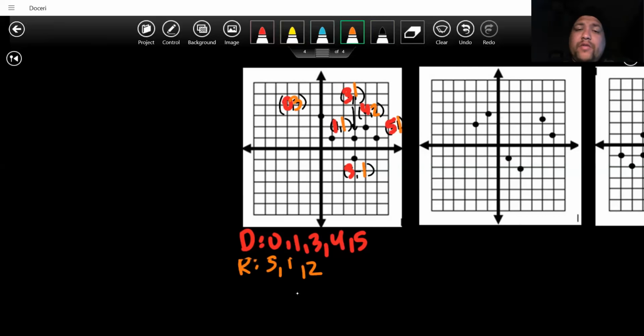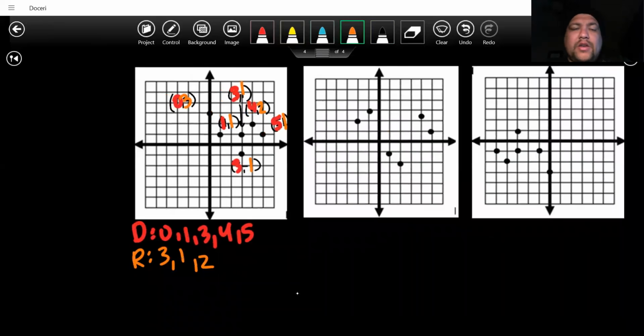The other version of doing this, and I'm hoping you guys can start being able to see these, it's going to help you out in the future, is our domain way that you want to do this is just see how they correspond to your x-axis, right? They represent x values, so they correspond to the x-axis. So every single time that we can drop these down to the origin will be represented by my x domain.